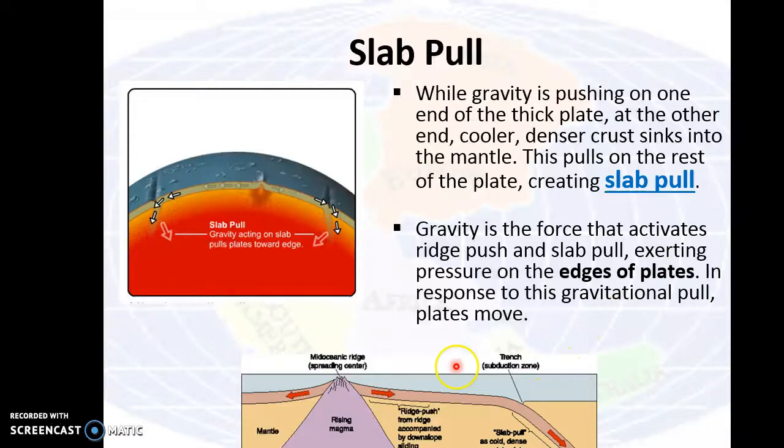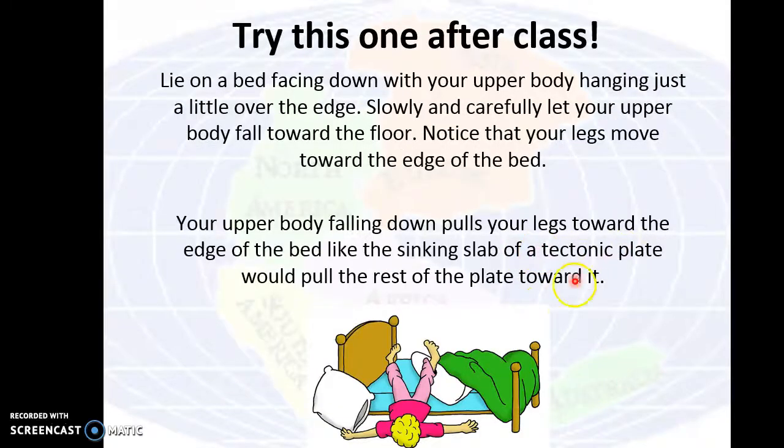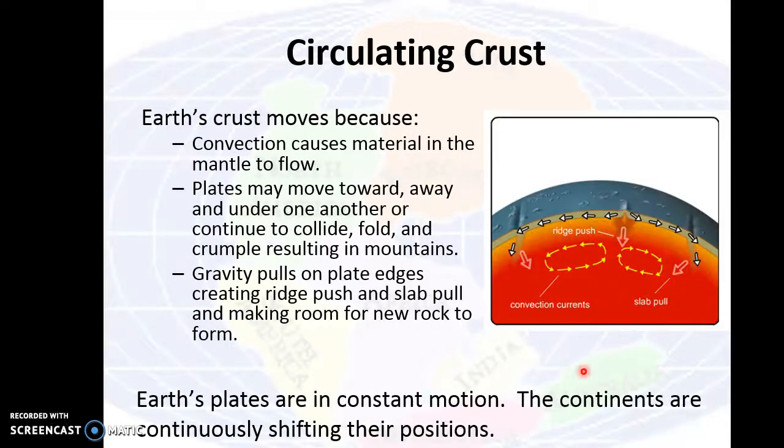Gravity is the force that activates ridge push and slab pull, exerting pressure on the edges of plates. In response to this gravitational pull, plates move. And then here's another thing that you can try, but we're going to skip that right now, and we'll talk about circulating crusts. Earth's crust moves because convection causes material in the mantle to flow, like we talked about before.